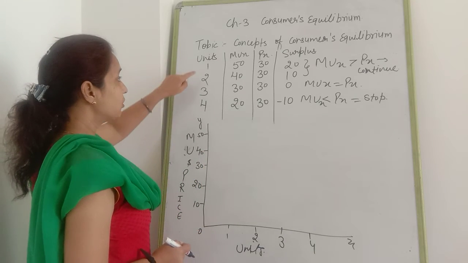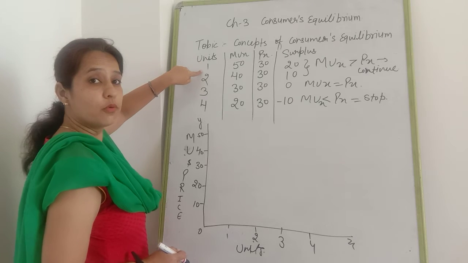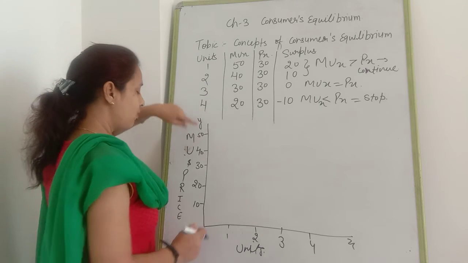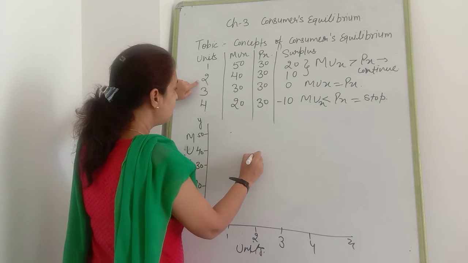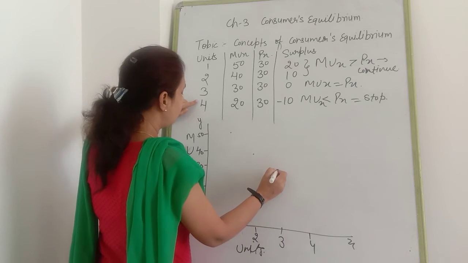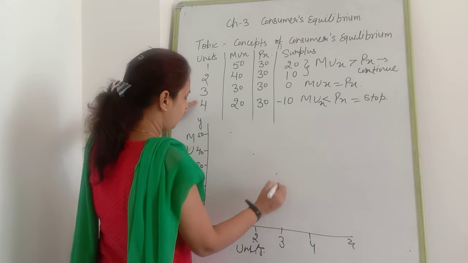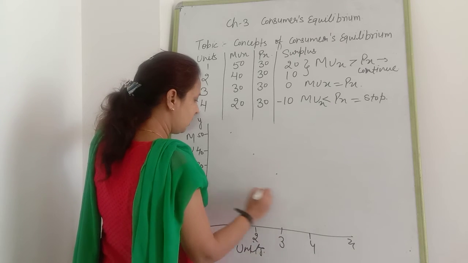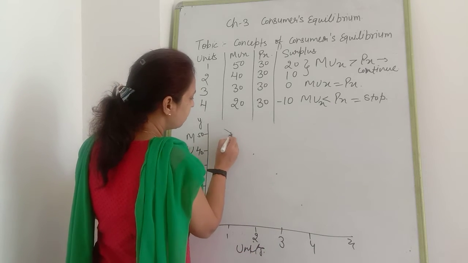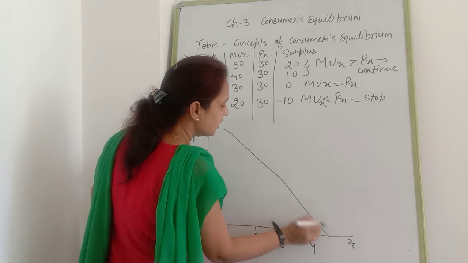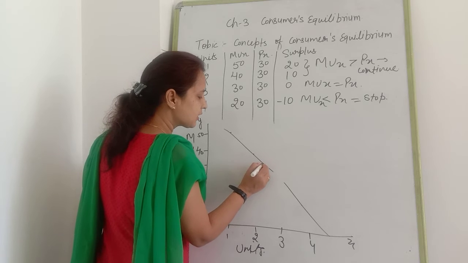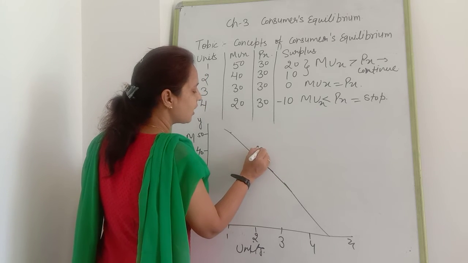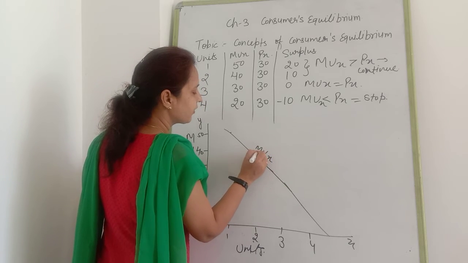Now look at it. First of all, we draw the MUX: 1, 50; 2, 40; 3, 30; and 4, 20. Clear? Marginal utility goes on decreasing when we consume more and more of a commodity. It will be a straight line, that is MUX.